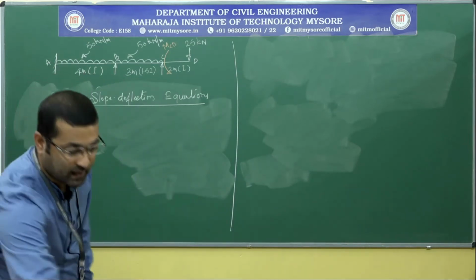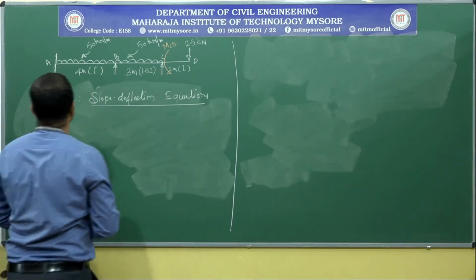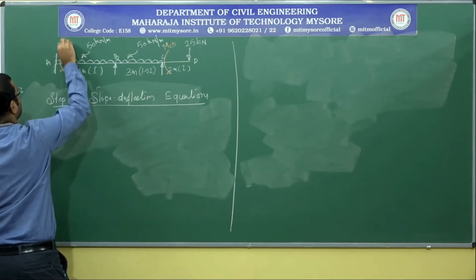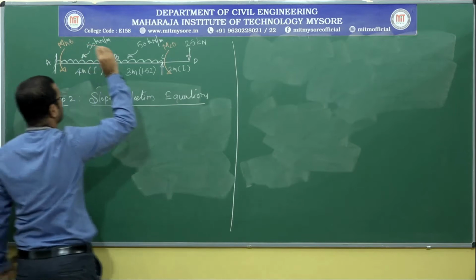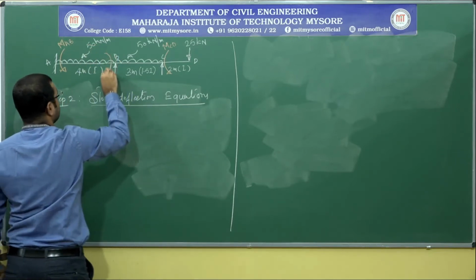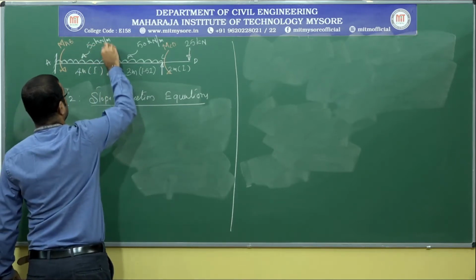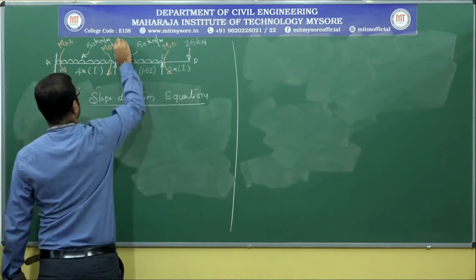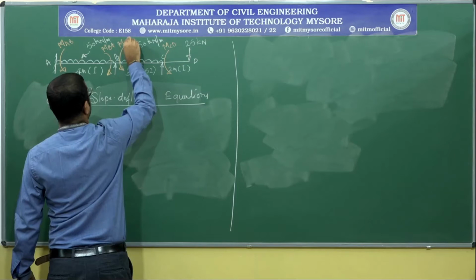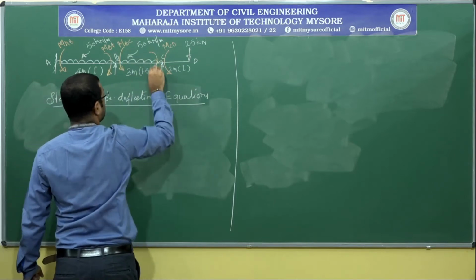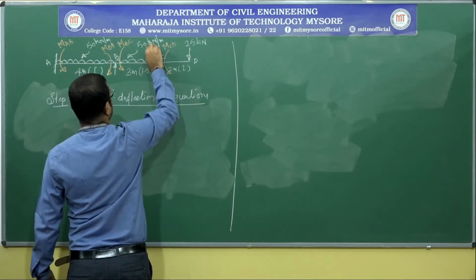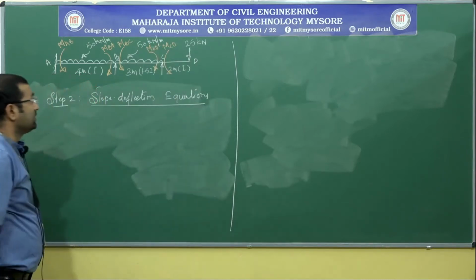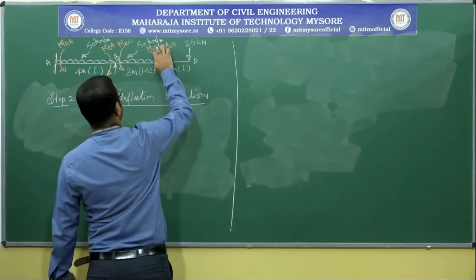See here, as we are interested in determining the final end moments, we need the equation to determine MAB, an equation to determine MBA, similarly, an equation to determine MBC and MCD. We need the equations to determine these values.